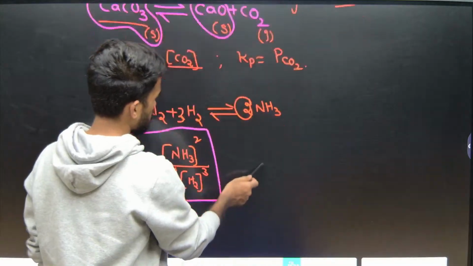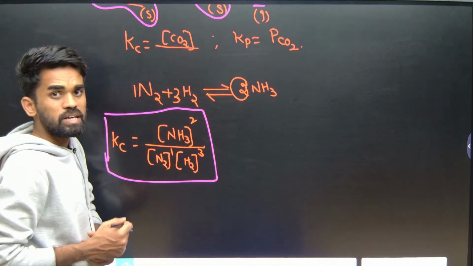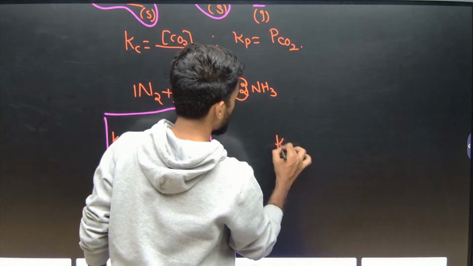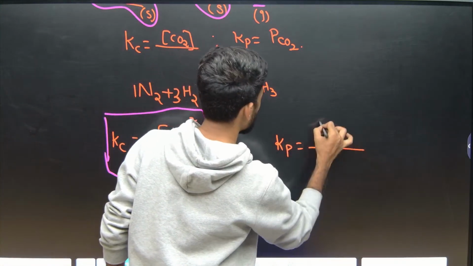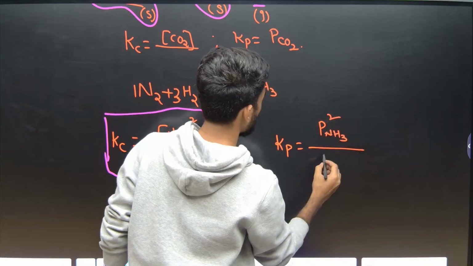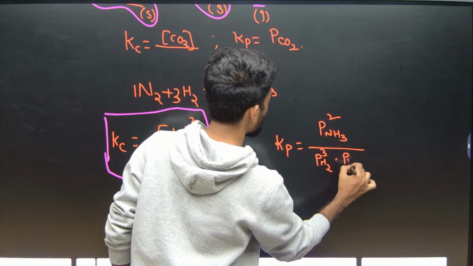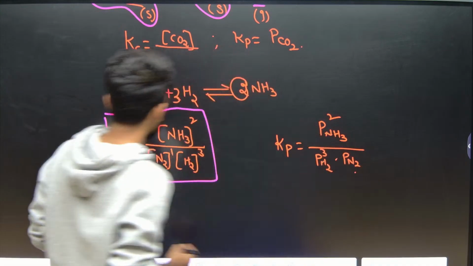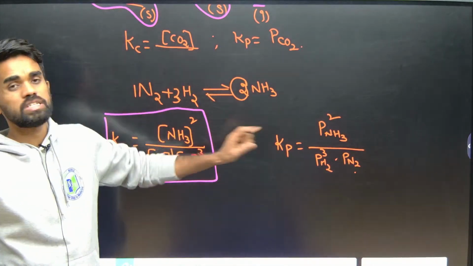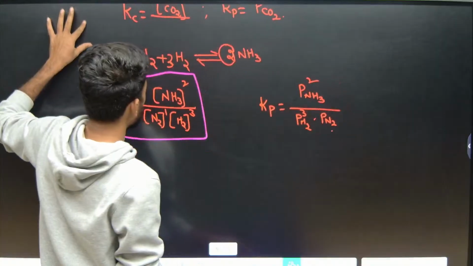Similarly, if I ask for Kp, because this substance can exist in the gaseous phase, how can you write it? Partial pressure of NH3 squared, and partial pressure of H2 cubed and partial pressure of N2. In the place of concentration, I have just mentioned partial pressure. Now, what will be the relation between Kp and Kc?